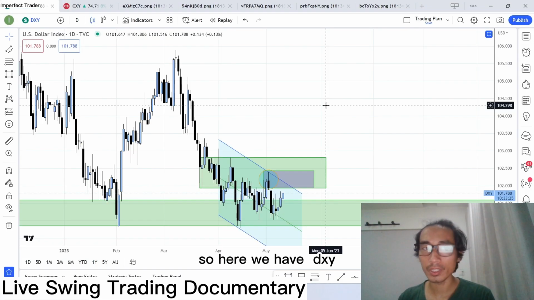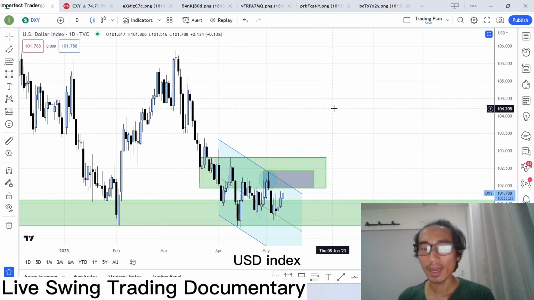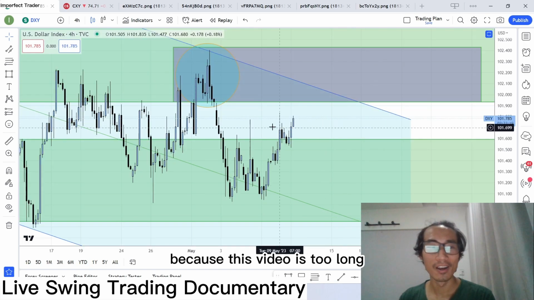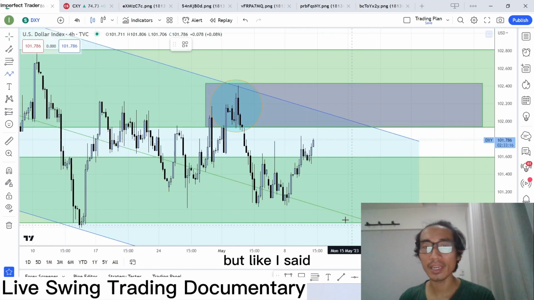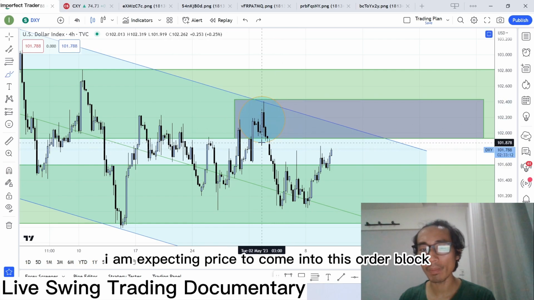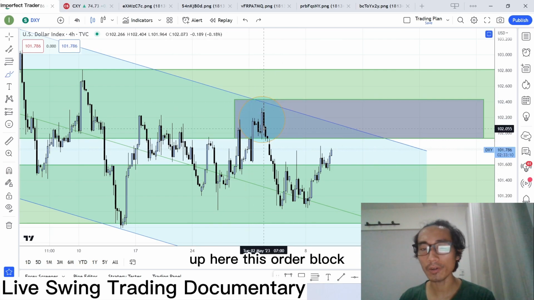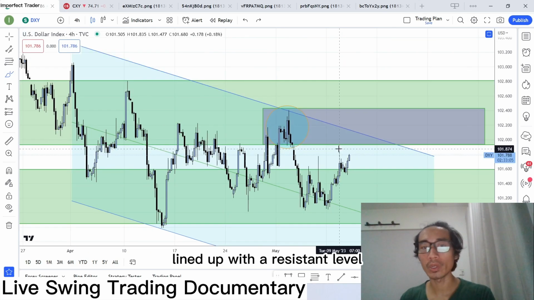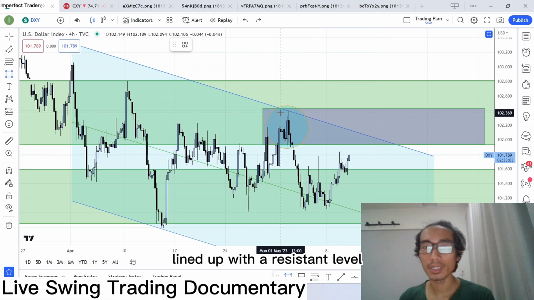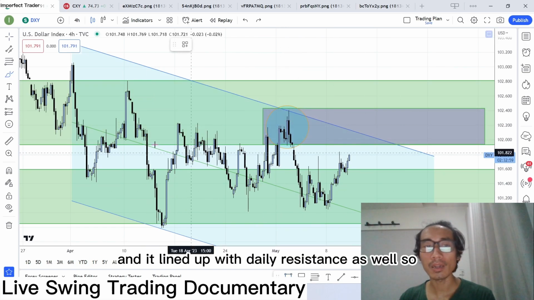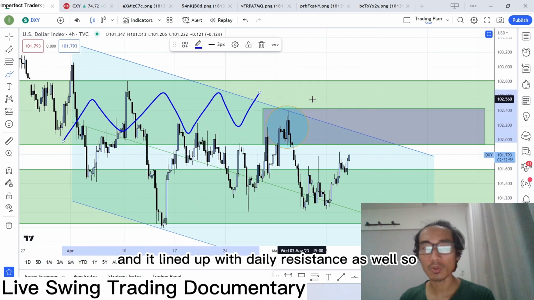Here we have our DXY, the USD index. I'm not sure if you still remember because this video is so long, but like I said, I am expecting price to come into this other block up here. This block lined up with the trend line, with a resistance level up here on the 4 hours, and with daily resistance as well.